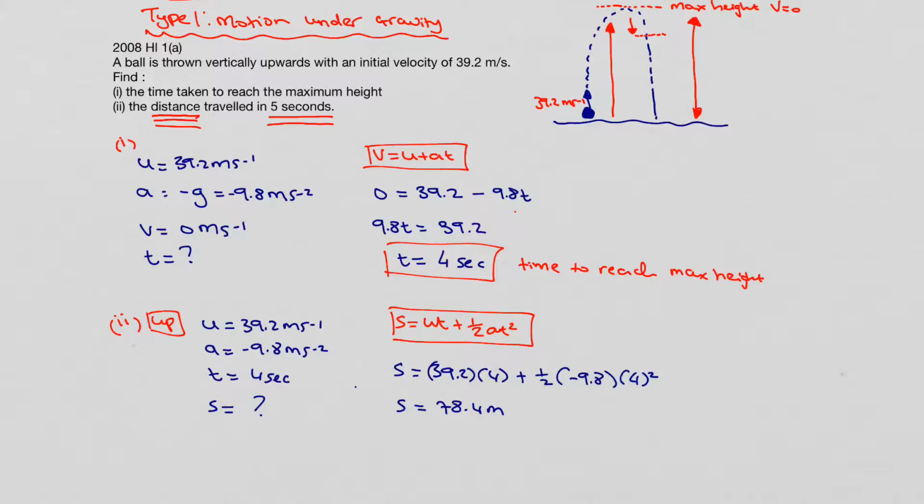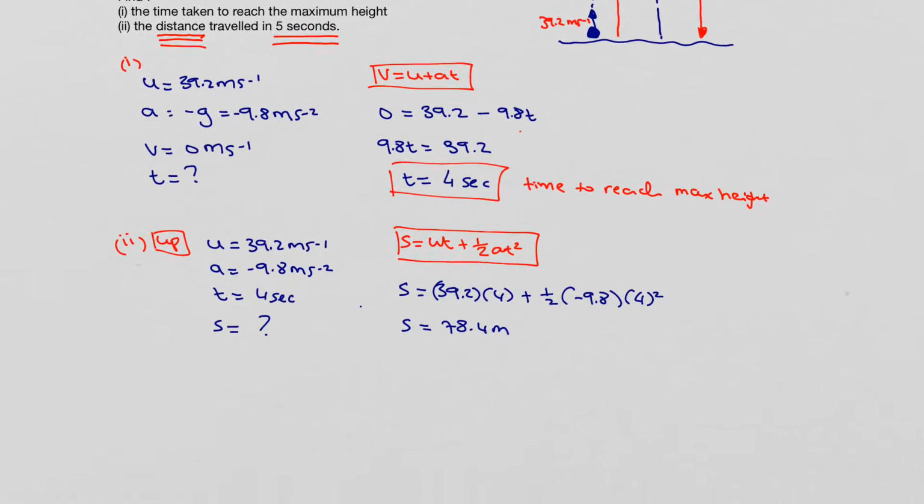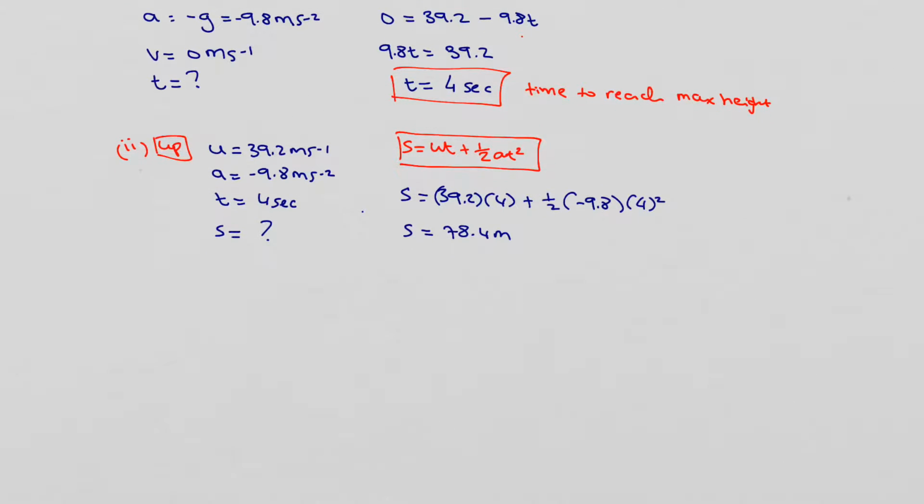So now we have to look at what's happening on the downward path. So if we're coming down, well, what can we say? If we're looking from start to end, the initial velocity would be 0, because that was the final velocity, but that's now the initial.